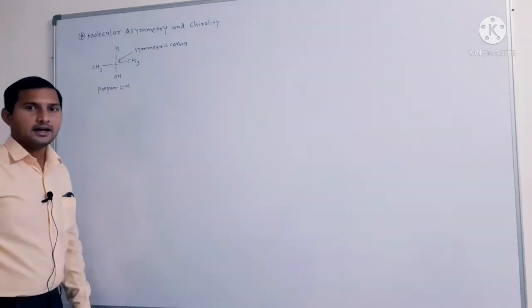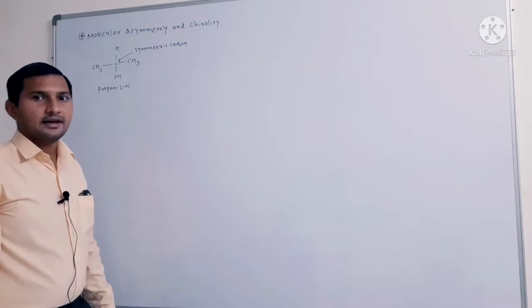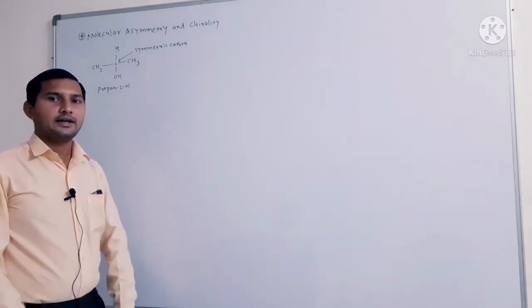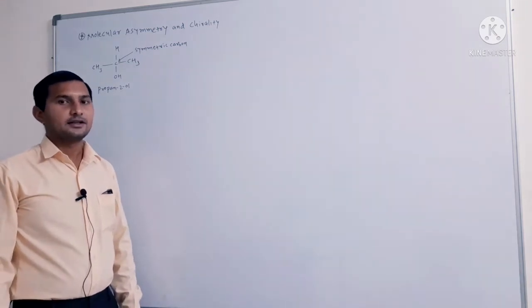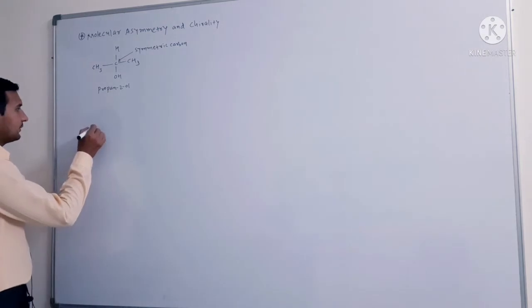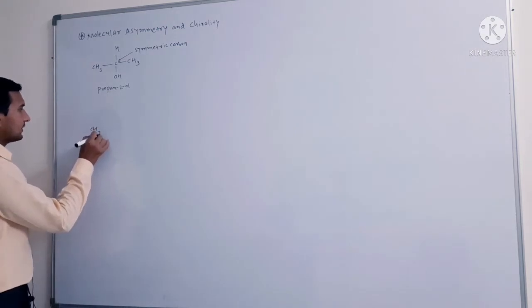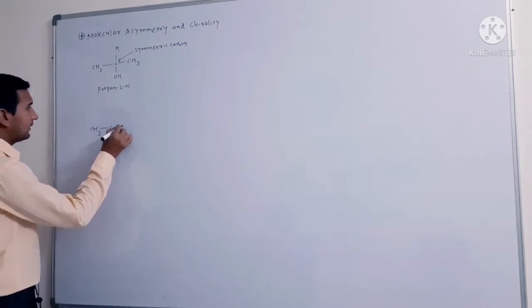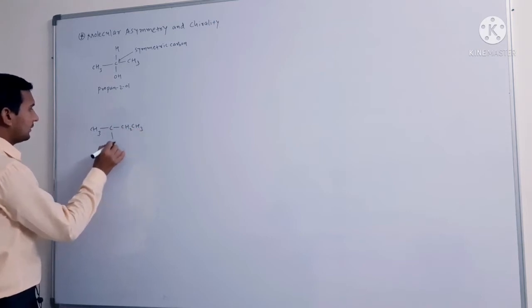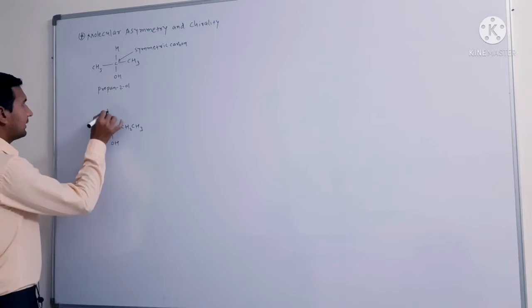But if a carbon has four valencies and these four are satisfied by different atoms or groups of atoms, then this carbon is known as an asymmetric carbon. For example, this one: CH3, CH2, CH3, OH and hydrogen.